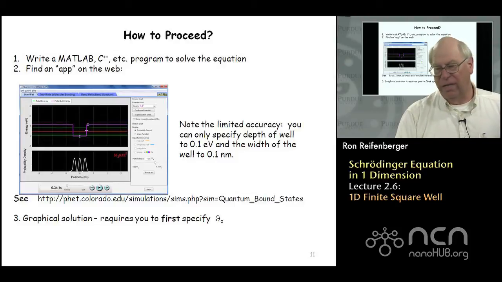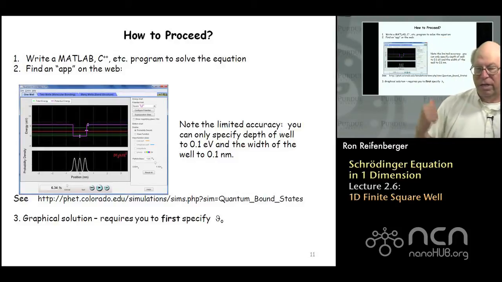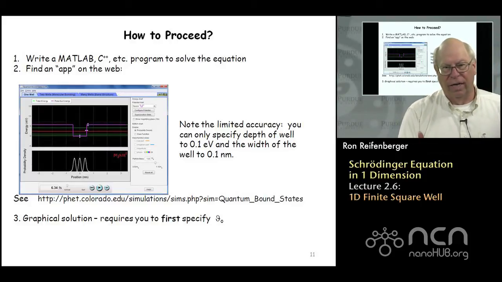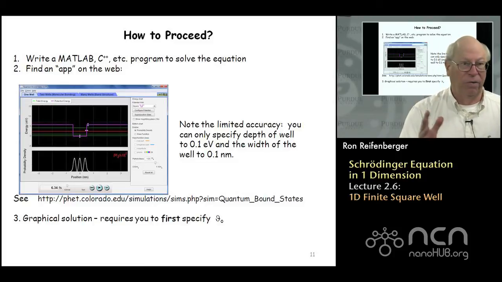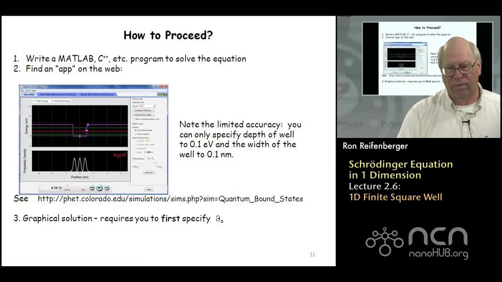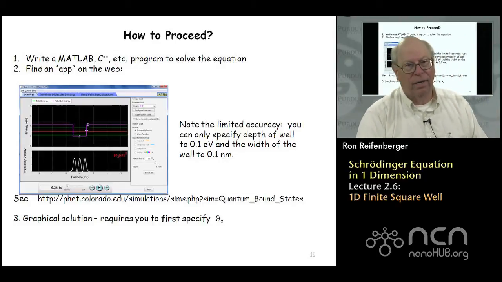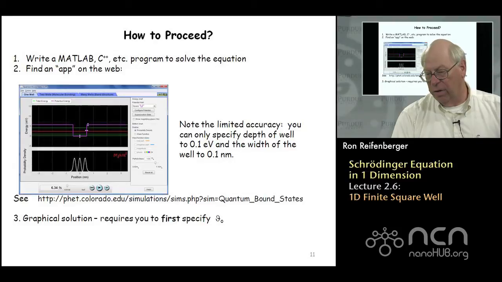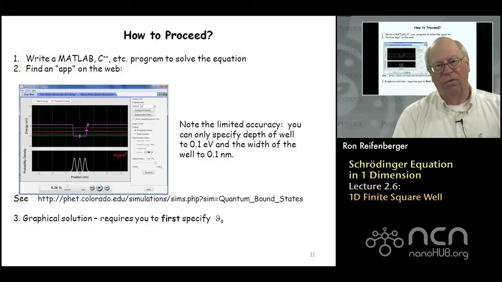You can specify the depth of the barrier and the width of the barrier. If you go to this website, you can get a sense and a feel for how these solutions work without having to do any work at all. It's all programmed in. And then the way we're going to discuss in lecture is we're going to graphically solve those transcendental equations.